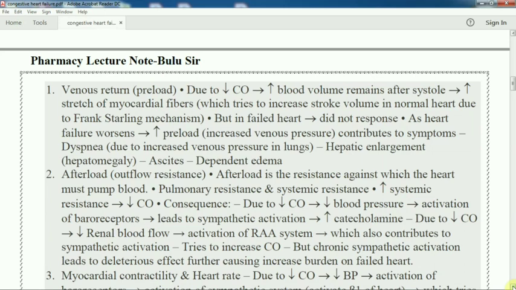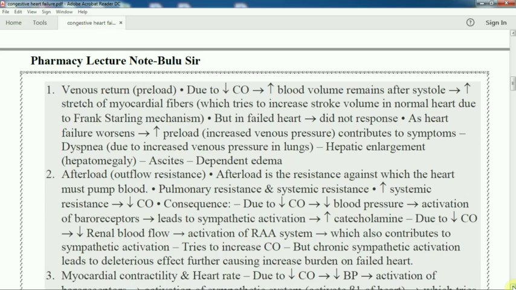What happens in a congestive heart failure patient? Due to decreased cardiac output, blood pressure also decreases. Why? Because the amount of blood passing through the ventricle is less due to less cardiac output.